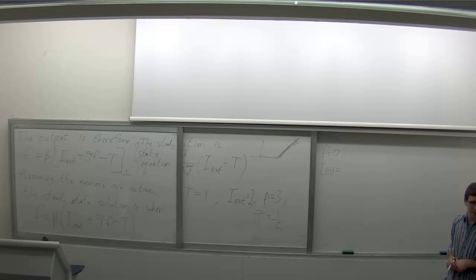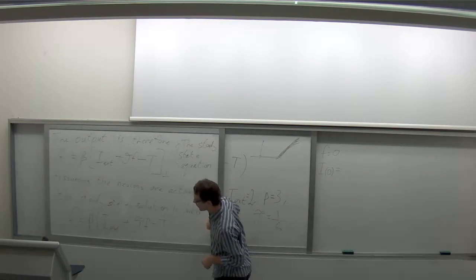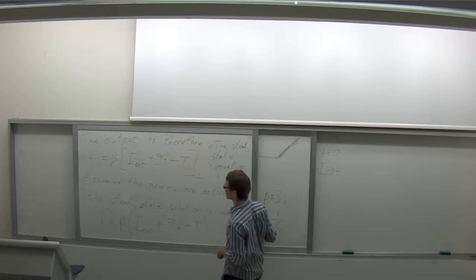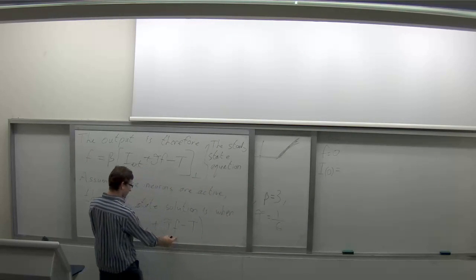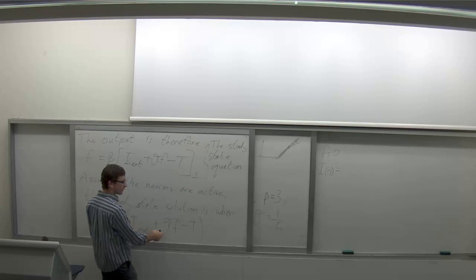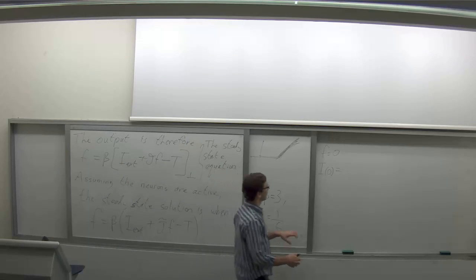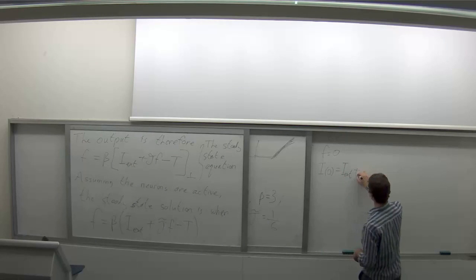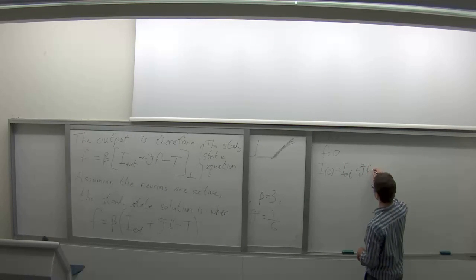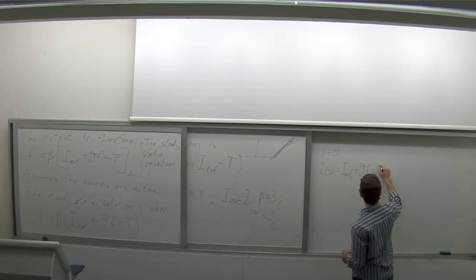It's just the I external. This is the input: I external plus J tilde F. But F is 0, so I just have I external, which is 2.